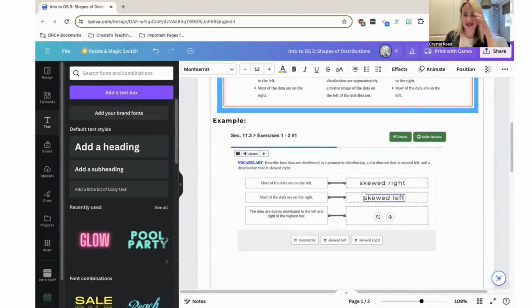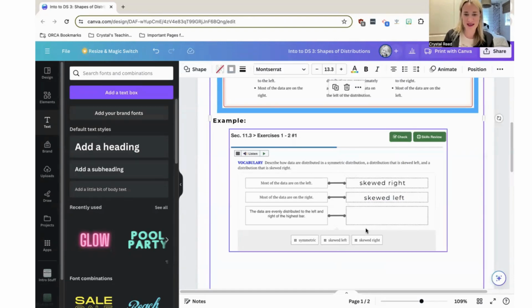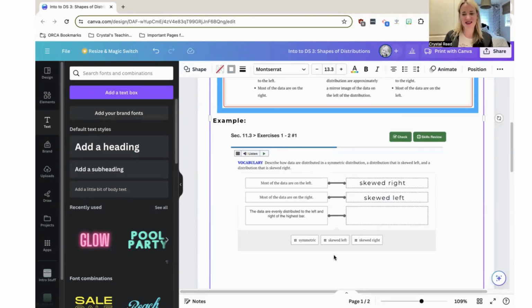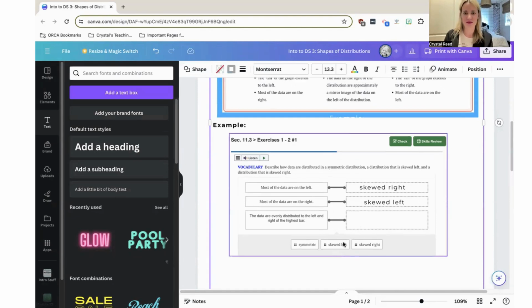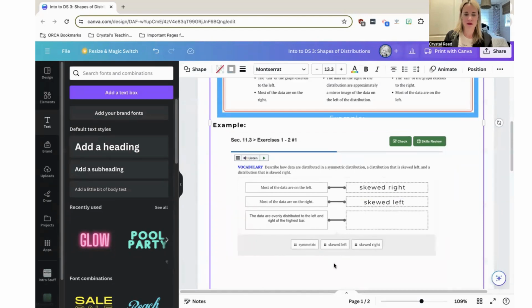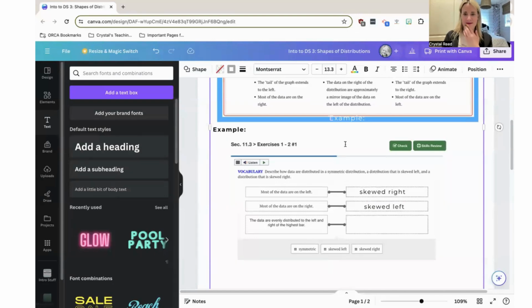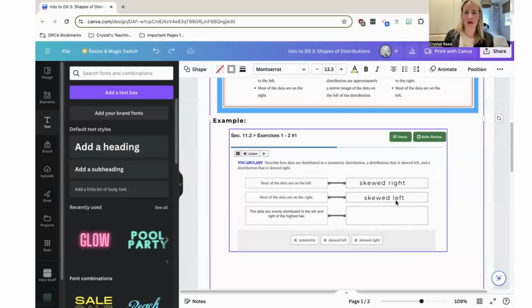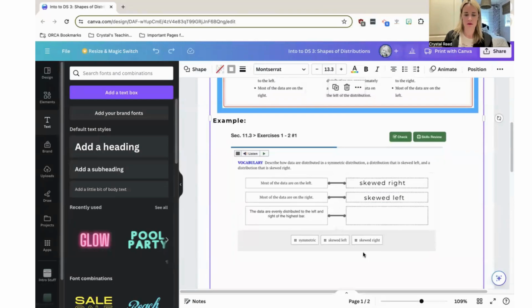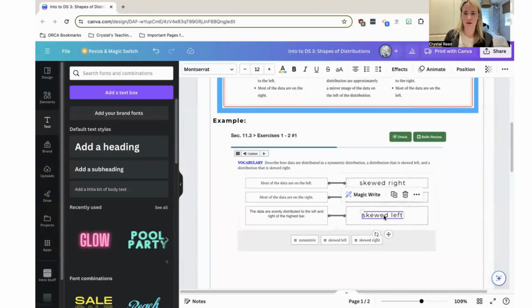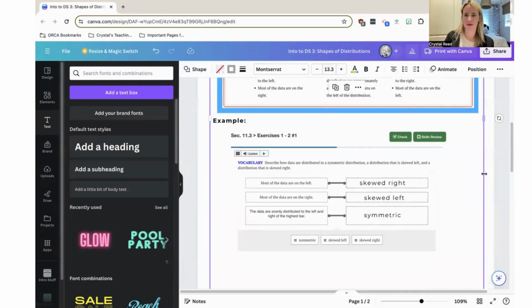Skewed left. And if the data is evenly distributed, it's going to be symmetric. And that's it for the first example.